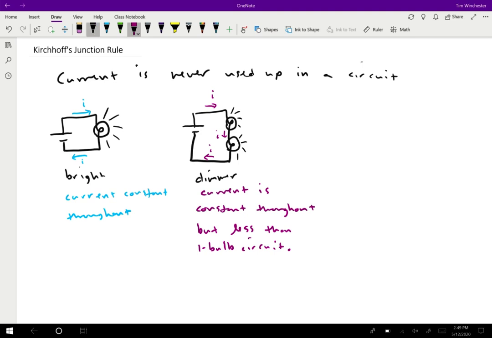Okay, similarly, if I draw another circuit with 3 bulbs, the pattern continues. So I can have 1, 2, 3. And if I do that, then what I find is that each one is dimmer than in the 2 bulb case, but still lights up, and they're all equally bright to each other. So this is dimmest.